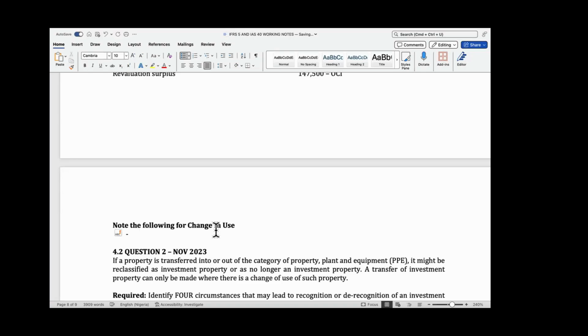If a PPE is changed to investment property, that is measured at cost.